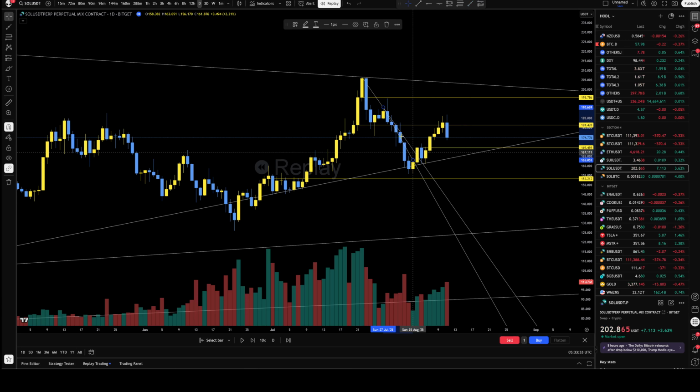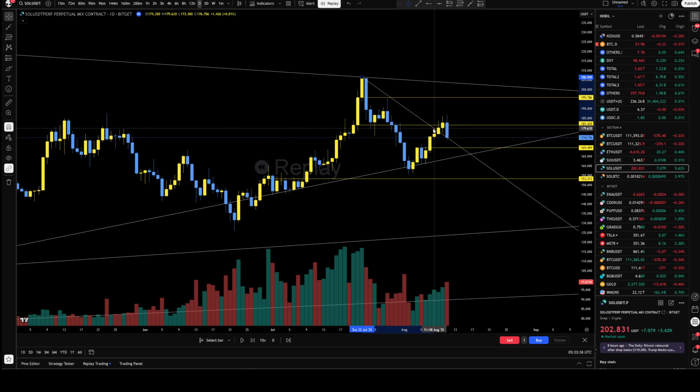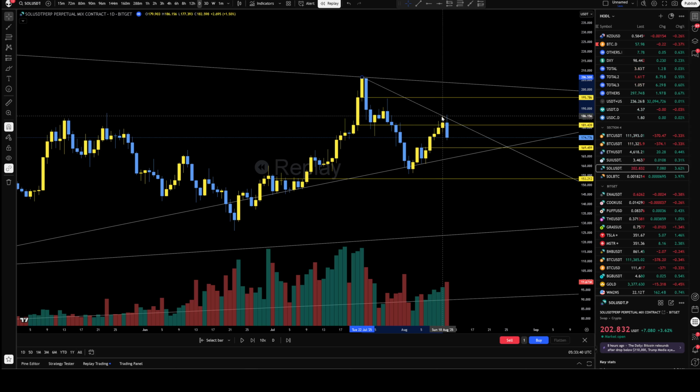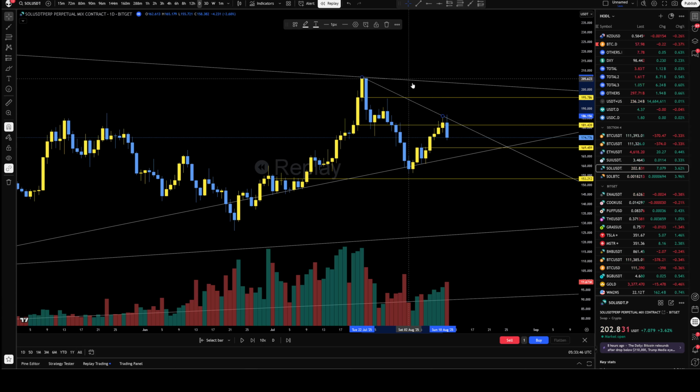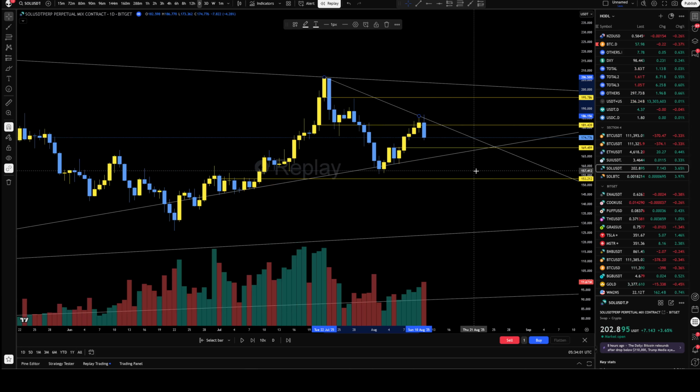So 1, 2, 3, 4, 5. So at this stage, it's pretty fair to say that this thing is just gearing up to explode, because that is a distribution cycle and it is distributing upwards. A distribution cycle should really be sideways or downwards, and that is distributing upwards. So from here, we're definitely looking for some kind of long.